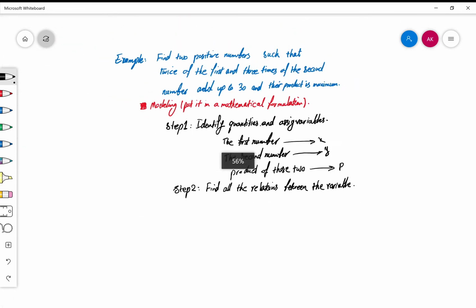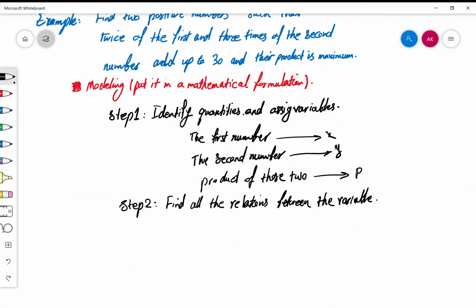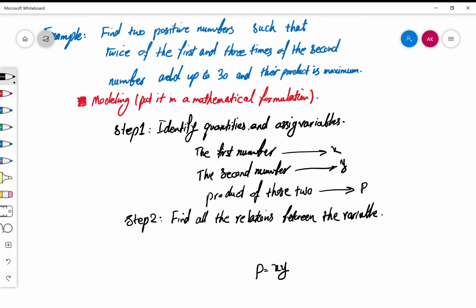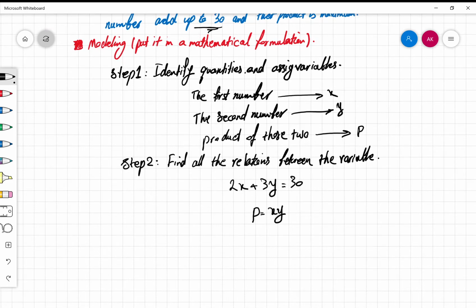For example, we know that the product of x and y is p, so that's one relation: p equals xy. And also there is a relation between x and y: twice the first one plus three times the second one add up to 30. So 2x plus 3y equals 30. Very nice.